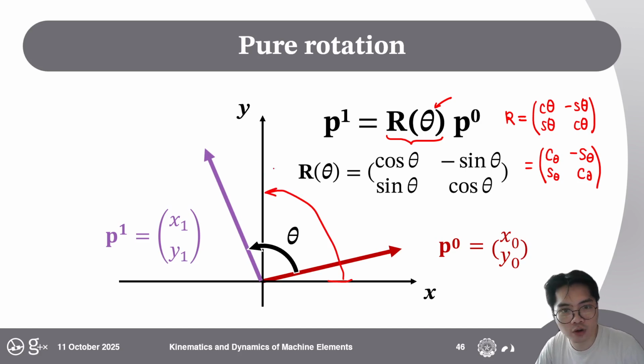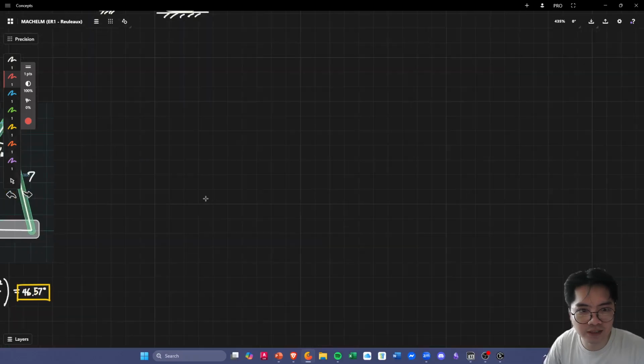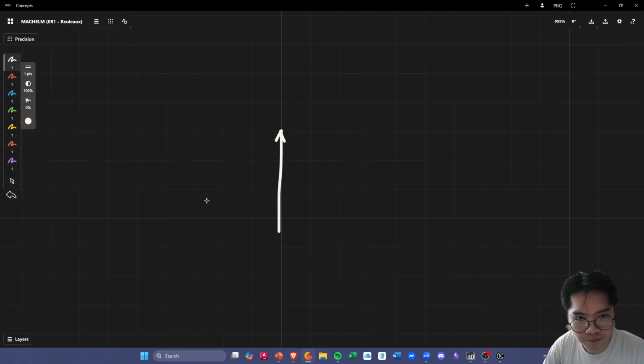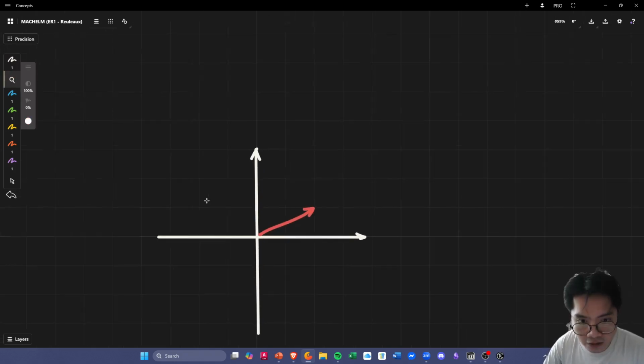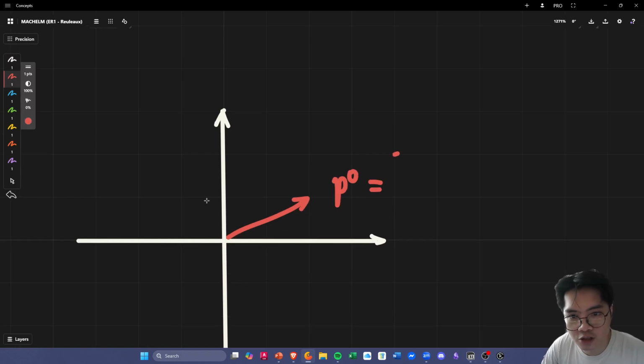Okay? So if we want, we can try this out, right? First with, say for example, a very simple graph. Let's have a little graph right here. Say for example, I have here a vector, and as you can see, the grid lines tell me that this position vector is initially, this is 2 and this is 1.